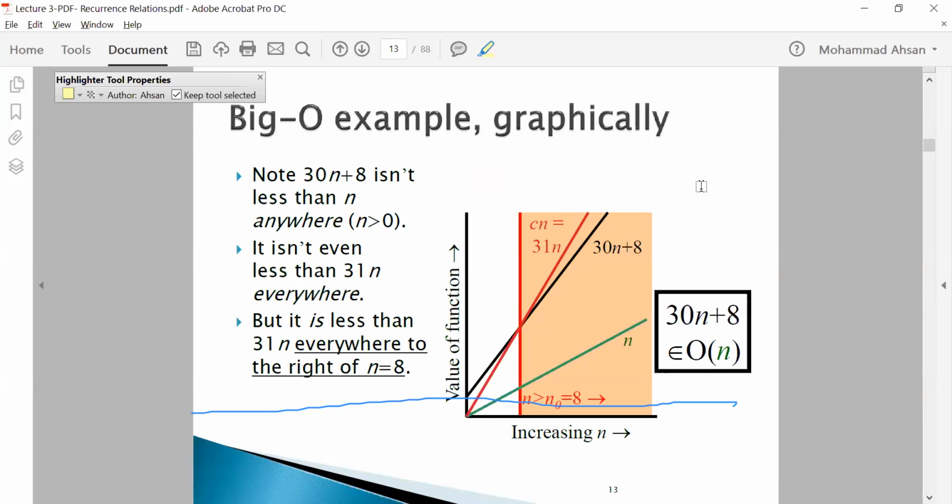So we see at the intersection between the black and the red line, beyond that, your function always stays less than cn, which is 31n. So this equation holds true for n greater than n0, which is equal to 8.